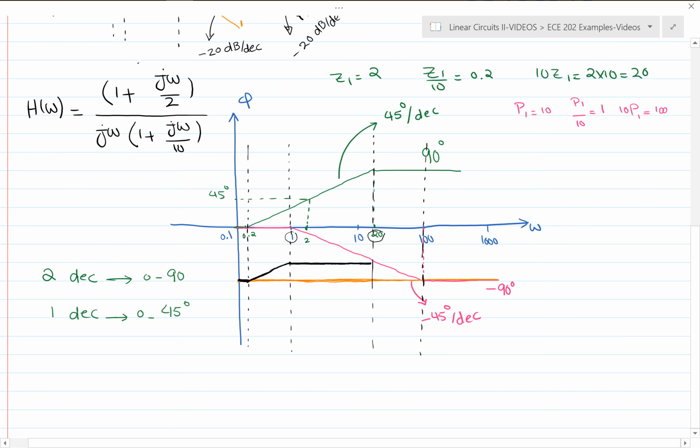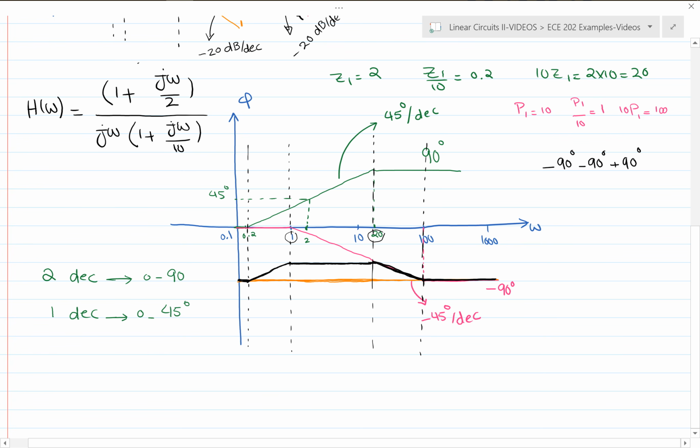And then from 20, we have the green plot at 90, the orange plot at negative 90, and the pink plot is negative 45 per decade. So it goes down like the pink one. Okay, and then at 100, we're going to have negative 90 for the pink one, negative 90 for the orange one, and positive 90 for the green one. So we're going to have negative 90 for our Bode plot.